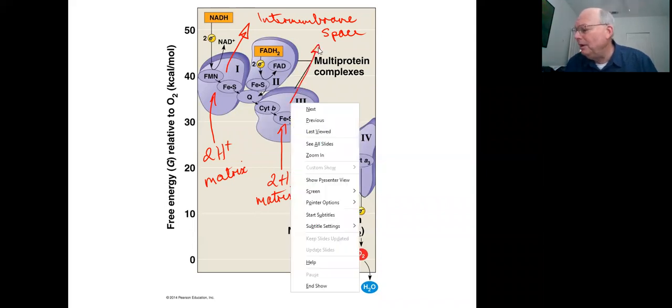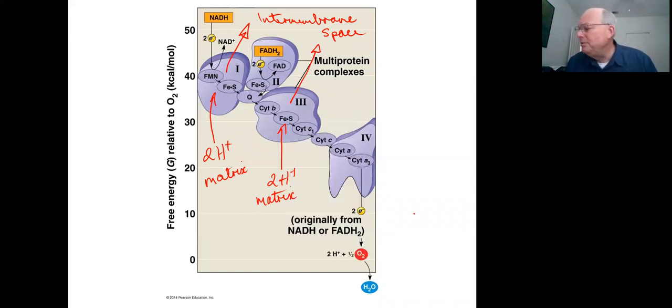And so they enter into the intermembrane space. They're not released back into the matrix, they're released into the intermembrane space. And so you have another pair of hydrogen ions entering the intermembrane space.